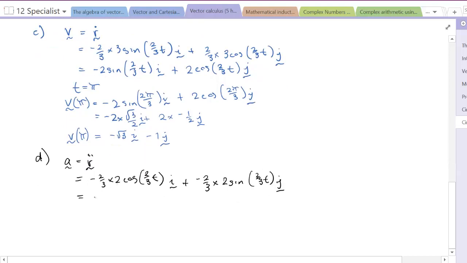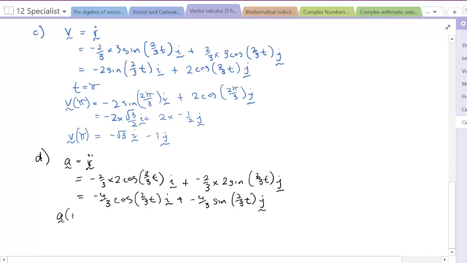So we end up with -4/3 cos 2/3 t in the i and -4/3 sine 2/3 t in the j direction.